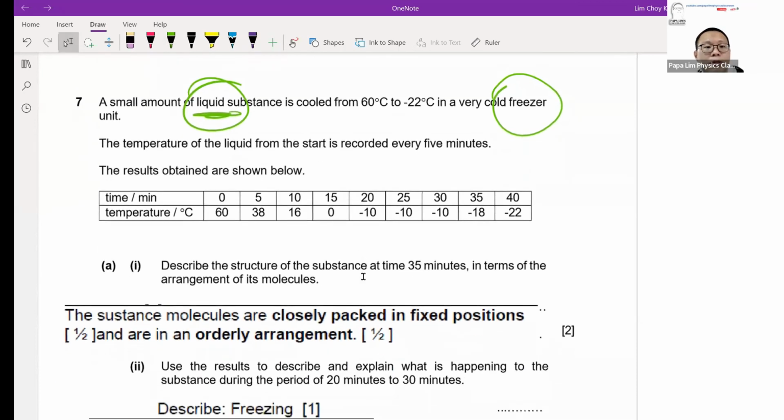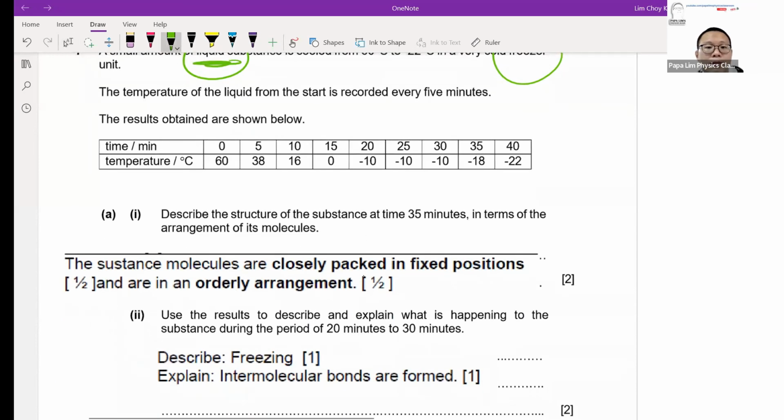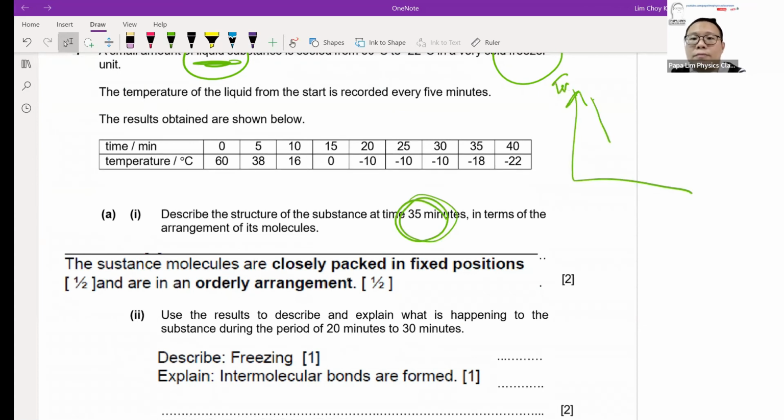So this is the temperature. Now describe the arrangement at time 35 minutes. Take note, when you look at freezing, if this is the temperature graph, this is the time axis. If freezing will occur, there will be a stage whereby the temperature actually remains the same.